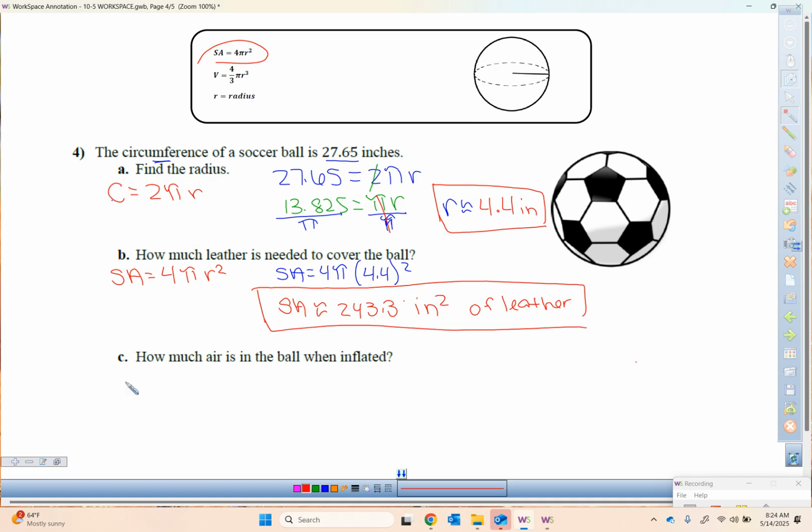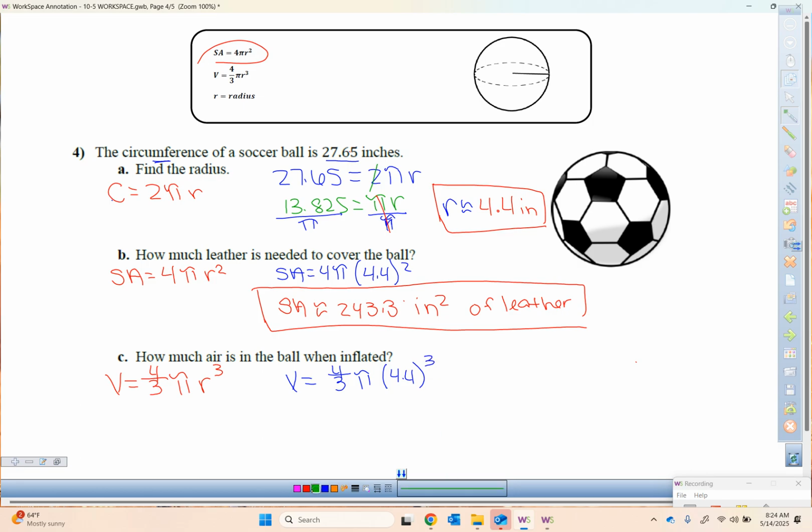So that's going to be volume, and our formula for volume is V equals 4/3 pi r cubed. So let's plug in what we know. We are solving for V. 4/3 is part of our formula. Pi, our radius is up here, 4.4, and this is cubed.